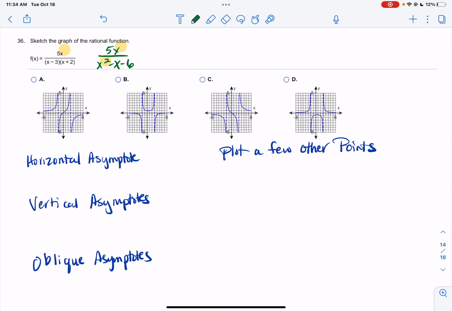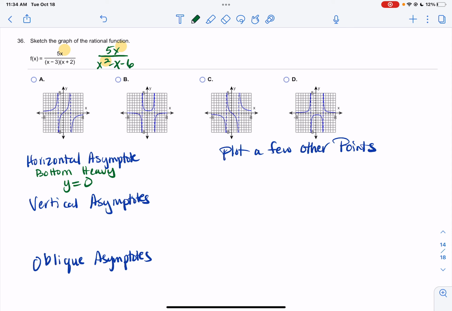So that means that we have a bottom-heavy function, and the equation for all bottom-heavy functions for horizontal asymptote is going to be y equals 0. So that means as you approach positive and negative infinity, this graph is going to flatten out towards 0, or flatten out towards the x-axis, which is y equals 0.